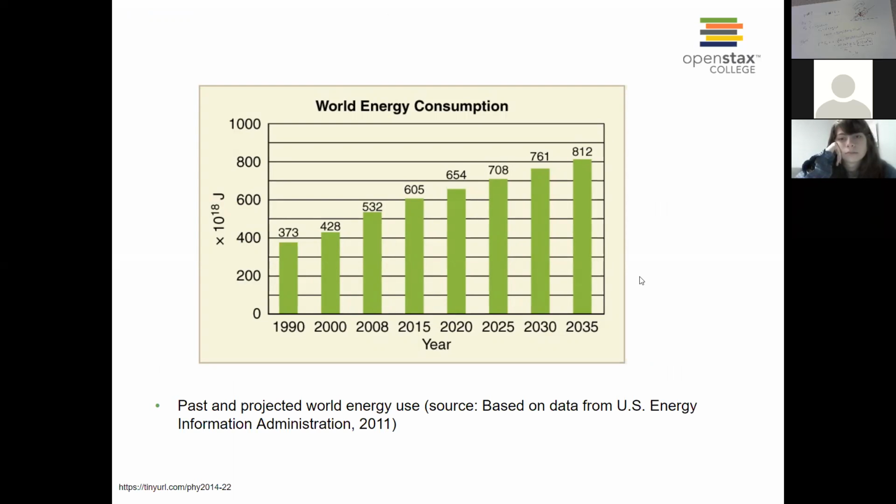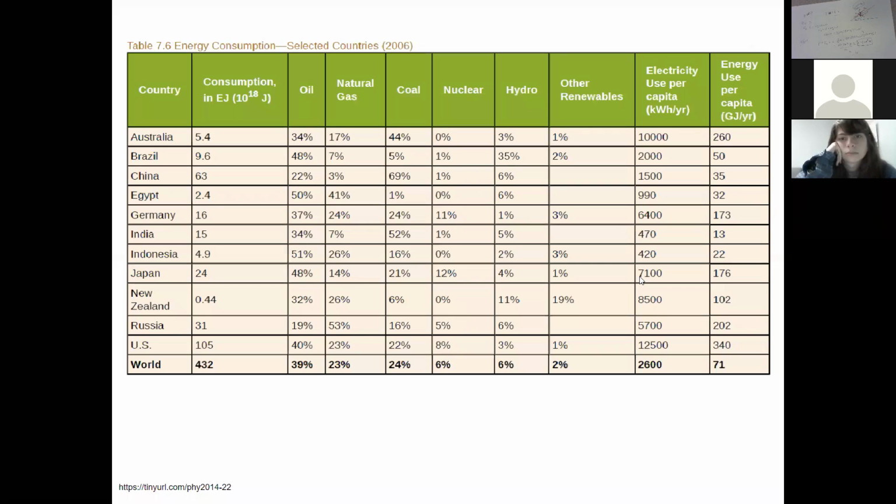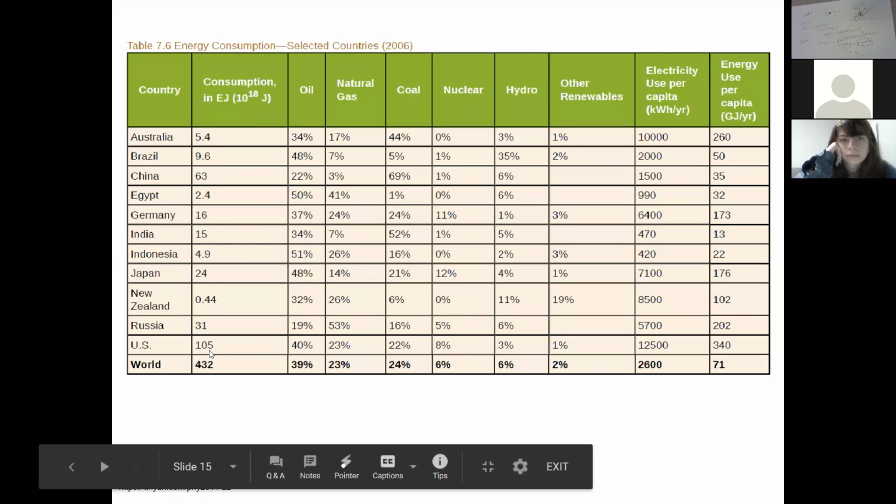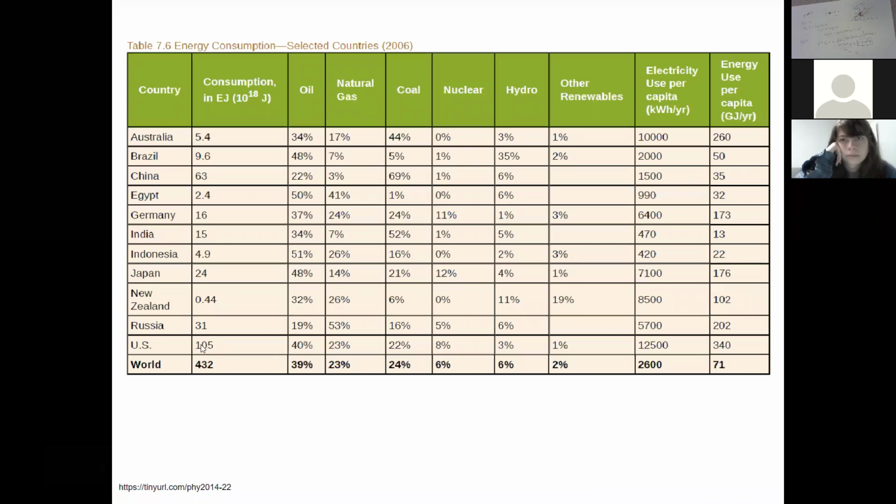Also, the table here tells you about some major countries around the globe and their current energy usage. Consumption-wise, we are pretty much the top user of energy.